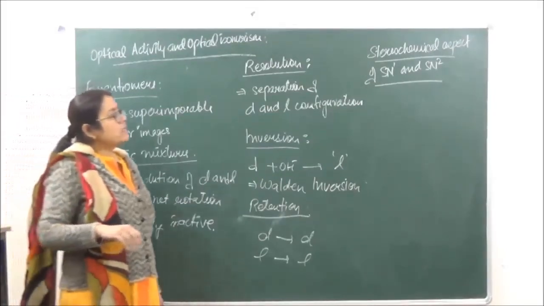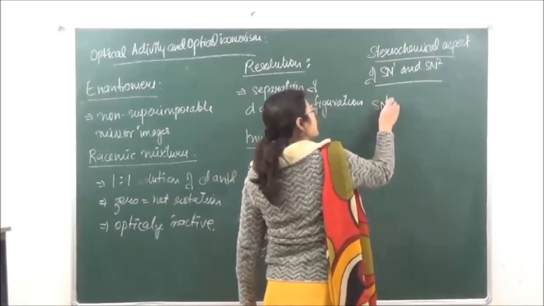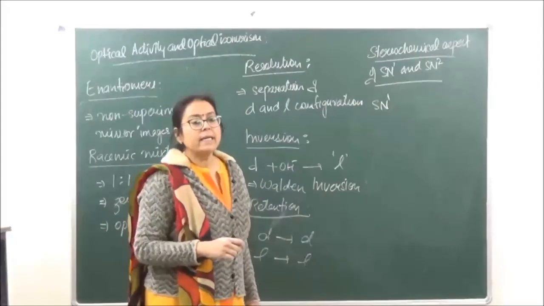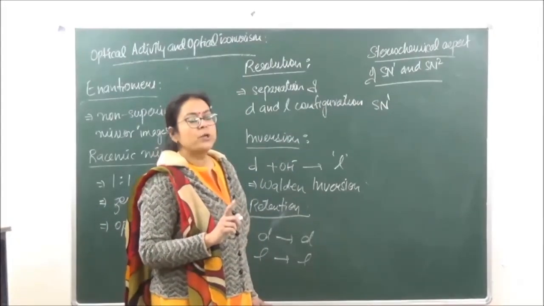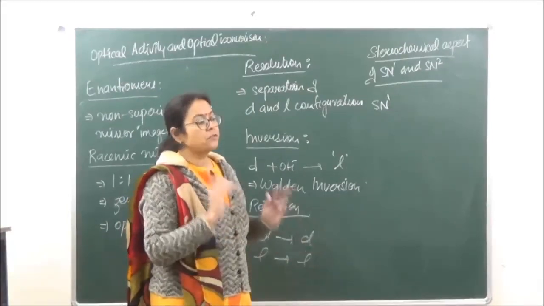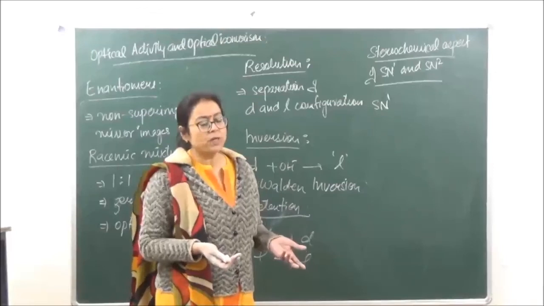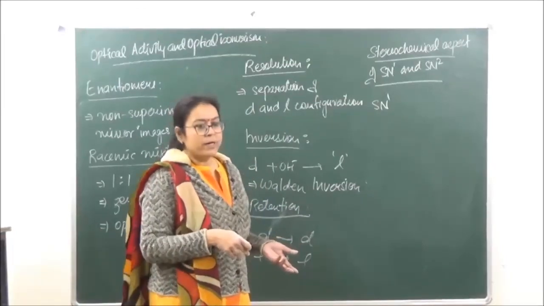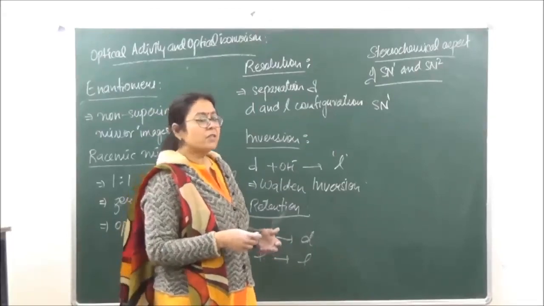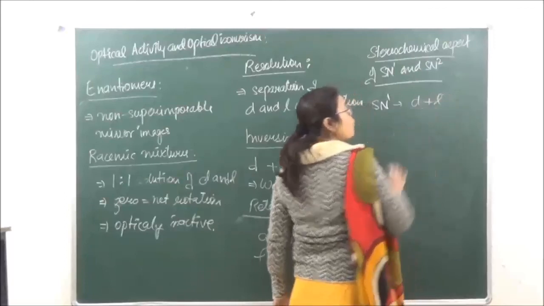Now in this case, if you remember, SN1 mechanism is a unimolecular reaction. So it is a two-step reaction. First the formation of a carbocation is going to take place, and after that substitution will take place on the carbocation. Now over here there is always a possibility that after the reaction both D plus L forms are formed.